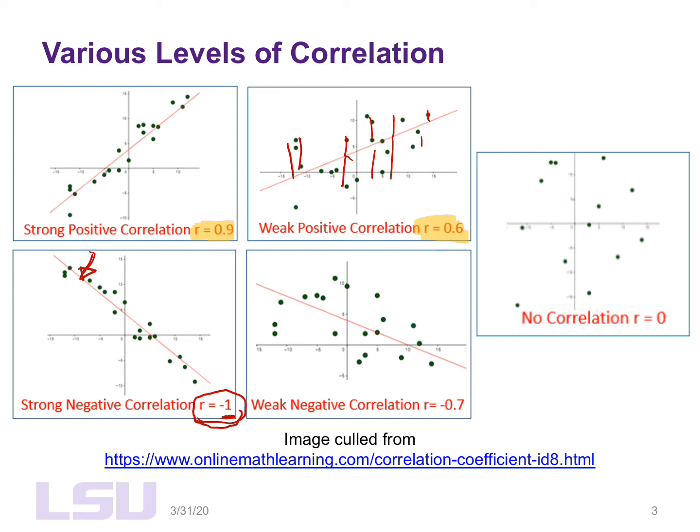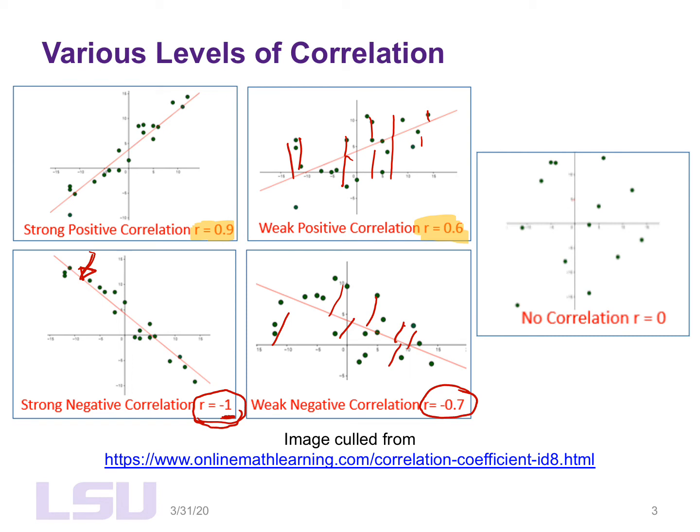And this will be the case where it's weaker. So this is a weaker negative correlation. Your line is a little farther from some of the data points, as explained previously.